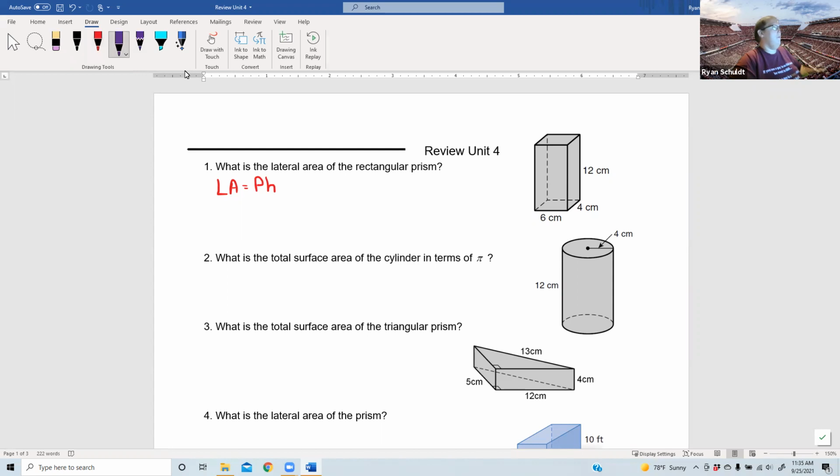So let's talk about the base. This is a rectangular prism, so that means the base is a rectangle. In particular, the base is the rectangle that it's sitting on. Here's our base down here. That's a horrible attempt at highlighting.